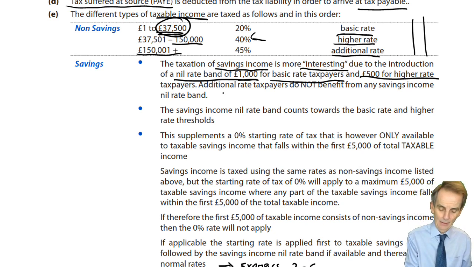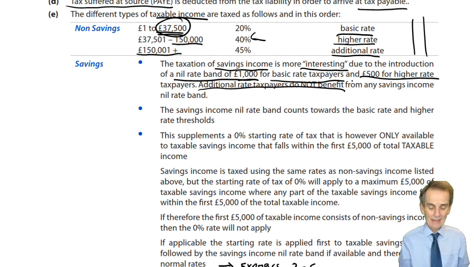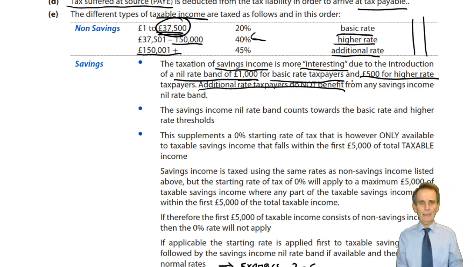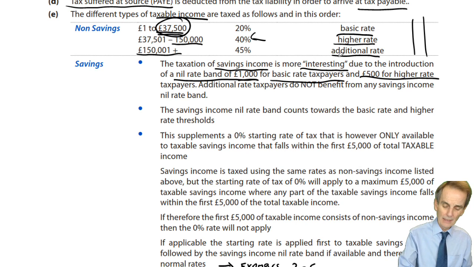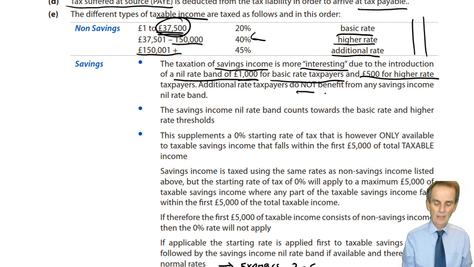Sadly, the poor old additional rate taxpayers, a bit of a misnomer, isn't it? I don't think we're too poor if we've got taxable income in excess of £150,000. But additional rate taxpayers do not benefit there. There's no savings income nil rate band.